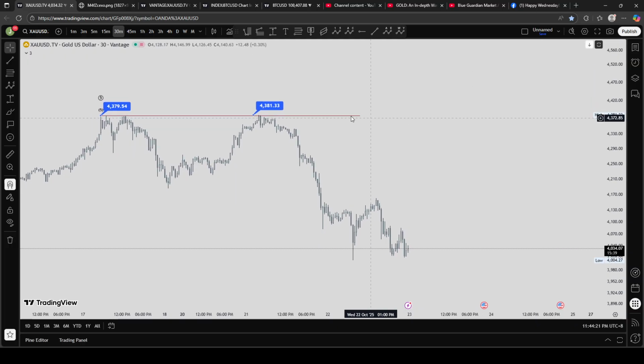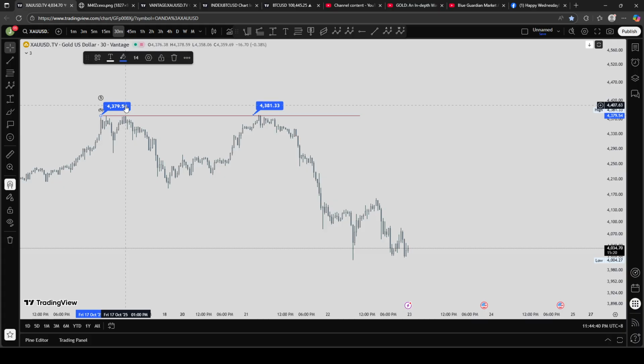Okay, the first condition is that we sweep the high of the fifth wave, and obviously from the high of the fifth wave, which is at 4,379.54, we now have 4,381.33, sweeping the high of the fifth wave here. So the first condition is satisfied.